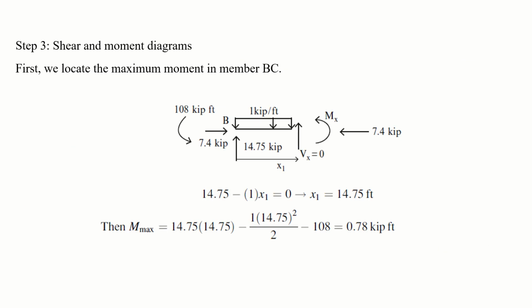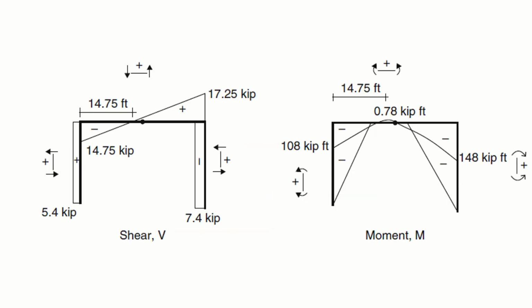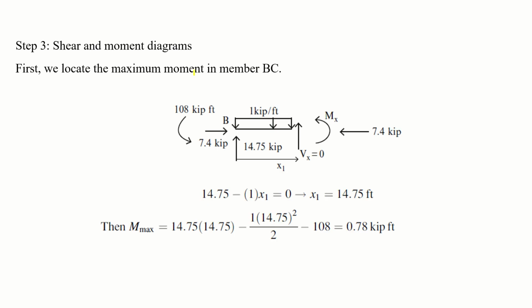So we can draw the diagrams, but for that, in the beam we have to find the point of maximum bending moment. It is similar to our previous examples: take a point where bending moment is maximum, and that point is where the shear force is 0. So we take Vx equal to 0.